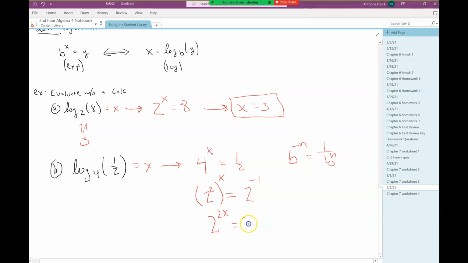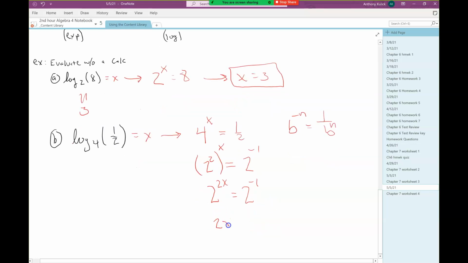Those can multiply. And the only way that this equation is going to be equal now, since the bases are the same, is if the exponents are also the same. That stands to reason. So x is negative 1.